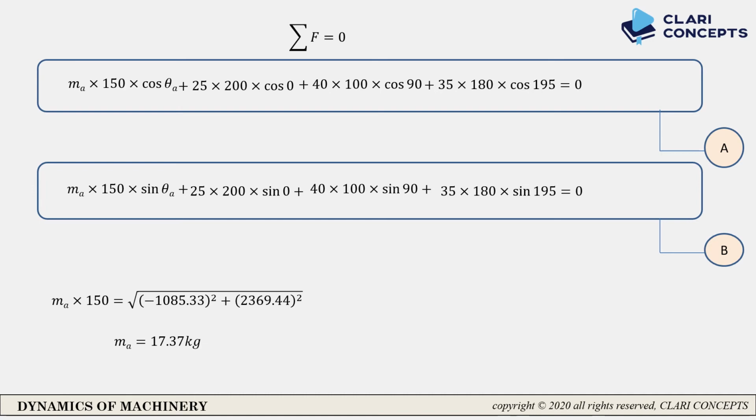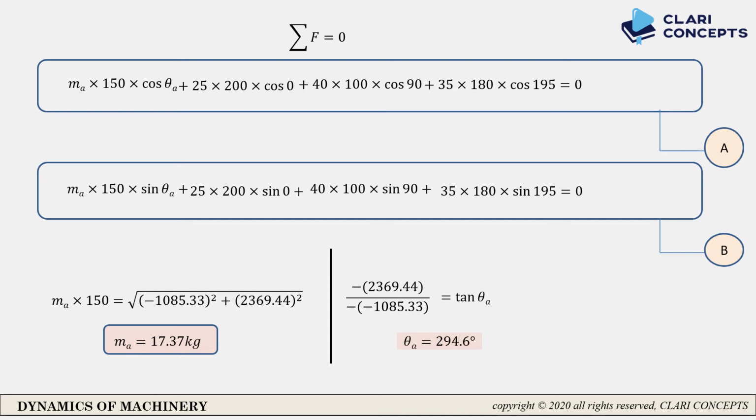From that you can find MA is equal to 17.37. As we know that tan theta is sin theta divided by cos theta, so from the value of sin theta divided by cos theta, we get theta A value, which is 294.6 degree.